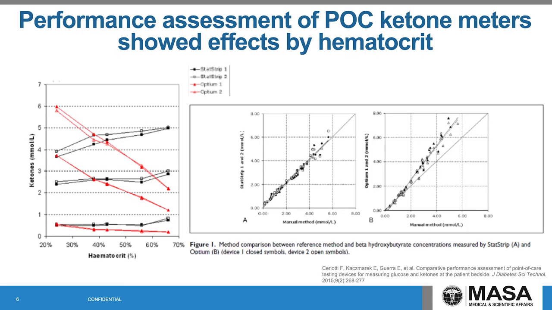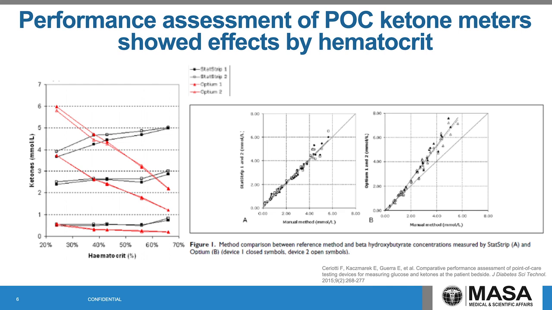Now, knowing that we can measure beta-hydroxybutyrate directly in blood, we have to remember that there is a chance of interference in any point-of-care method. So here is a paper from Ceriotti done in 2015, when the authors compared measurements from different ketometers.